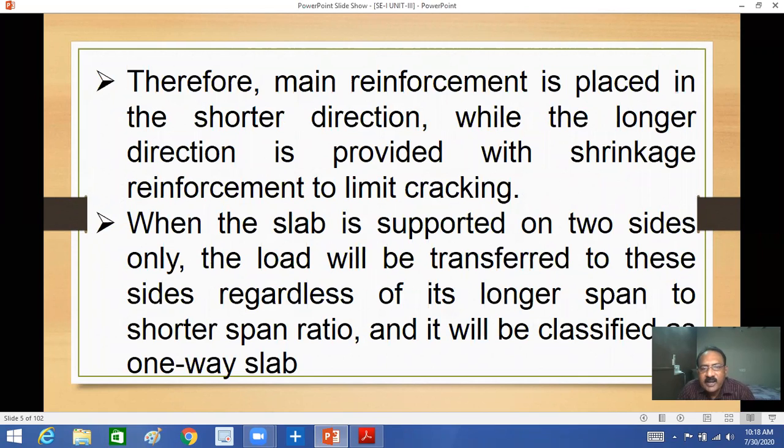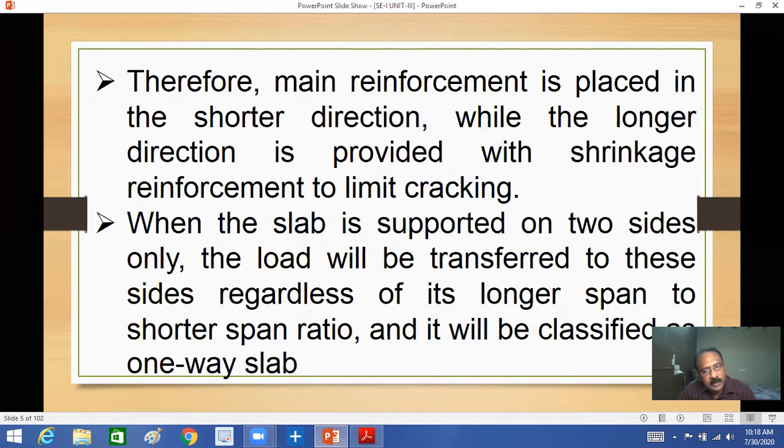Why do we provide reinforcement in the shorter direction? Because the bending moment, or load distribution, in the shorter direction is more. The longer direction is provided with shrinkage reinforcement to limit cracking. So we provide distribution reinforcement, nominal reinforcement.